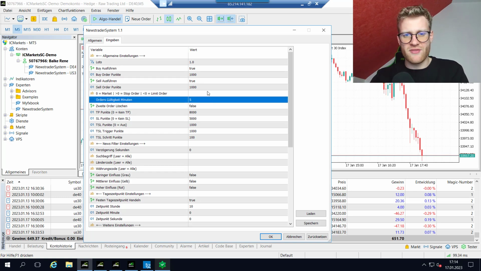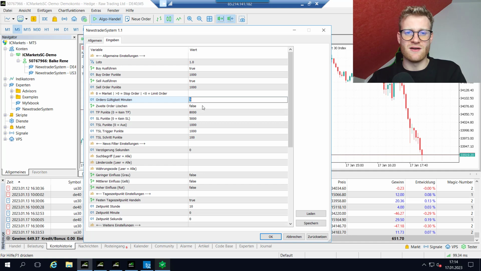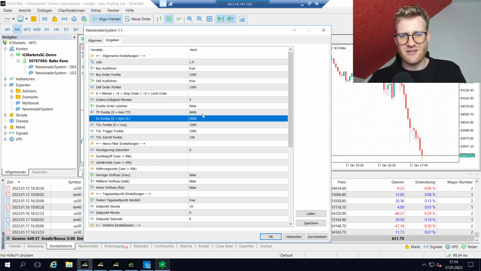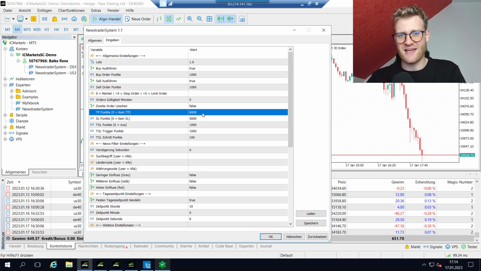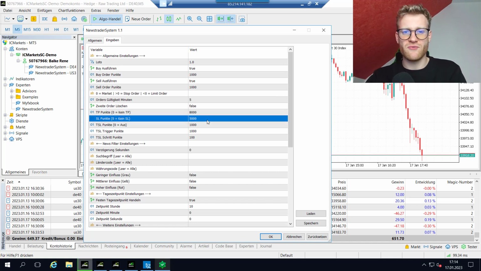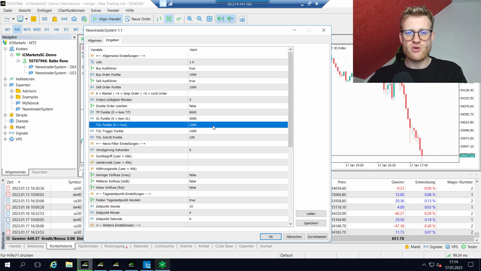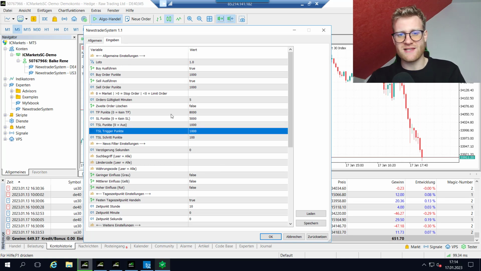Both of these orders have an expiration time of 5 minutes. The TP is 80 index points away, the stop loss is 50 index points away, and the trailing stop starts working after 1,000 points, or 10 index points, in profit. It trails at a distance of 10 index points. And that's it. That's the whole strategy.